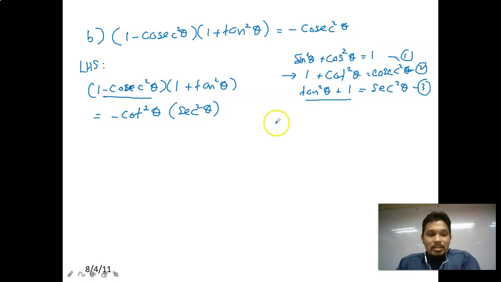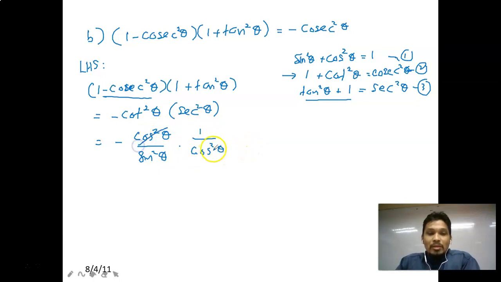Okay, so now negative cotangent square is negative cos square theta divided by sine square theta, and then secant square is 1 over cos square theta.